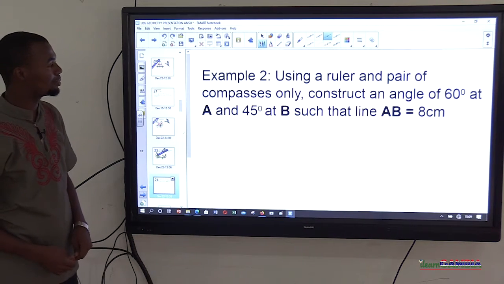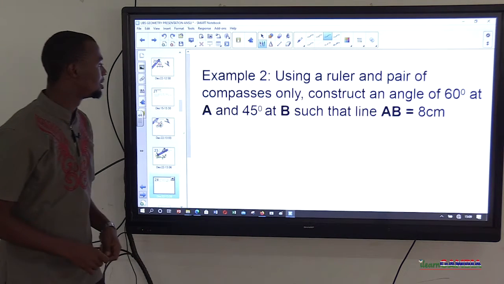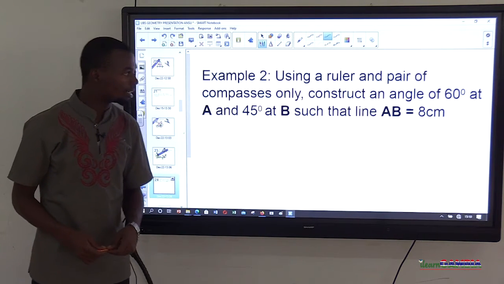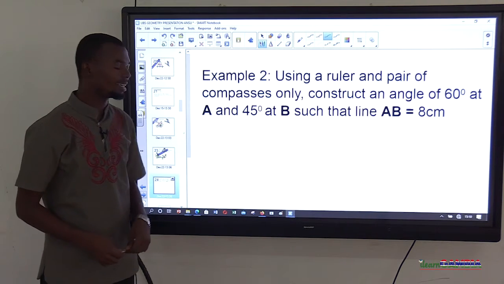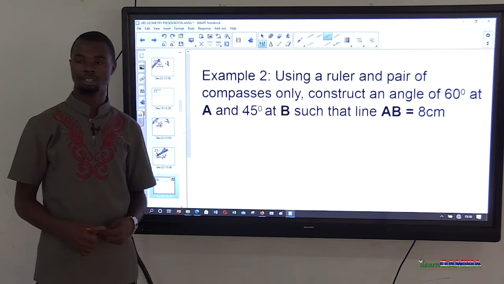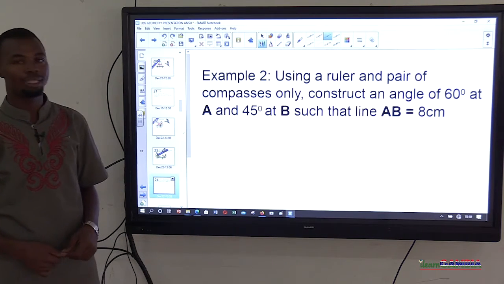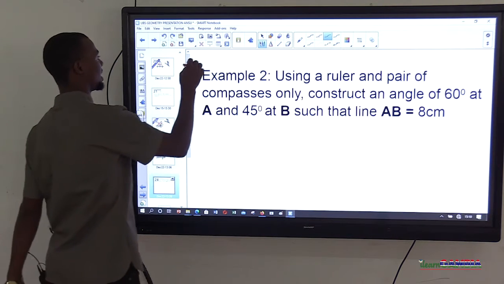The second example, using a ruler and a pair of compasses only, construct an angle of 60 degrees at A and 40 degrees at B, such that line AB is equals to 8 centimeter. We first get the line AB.